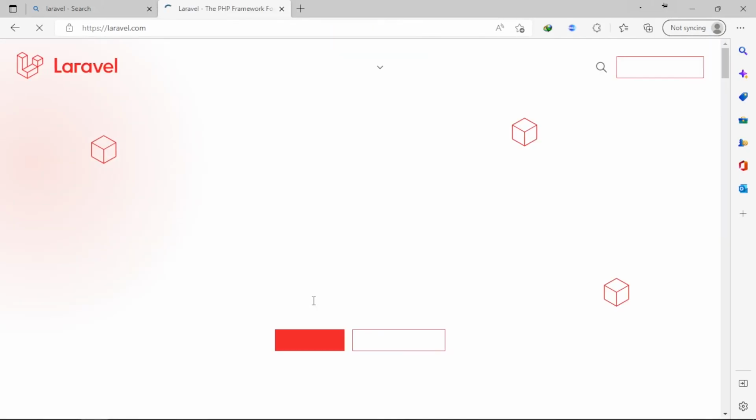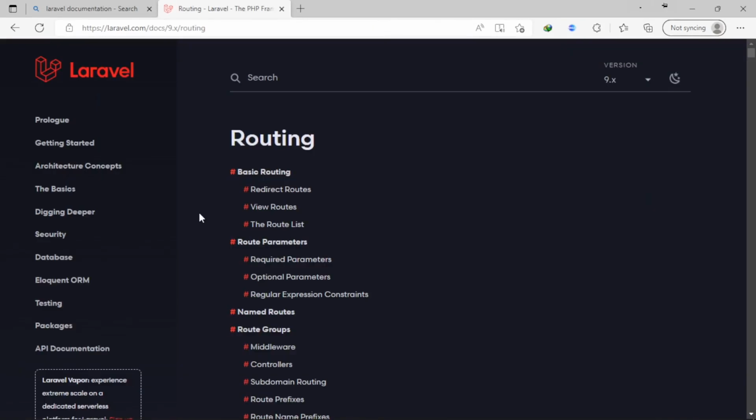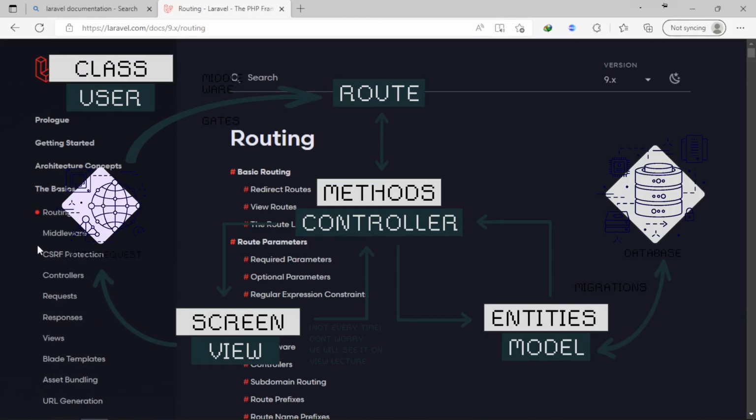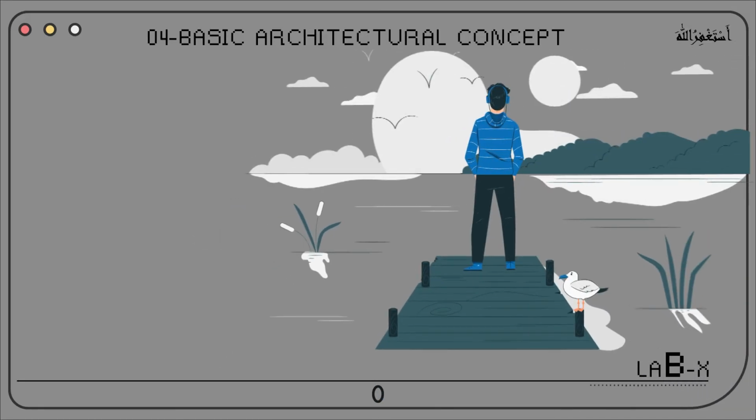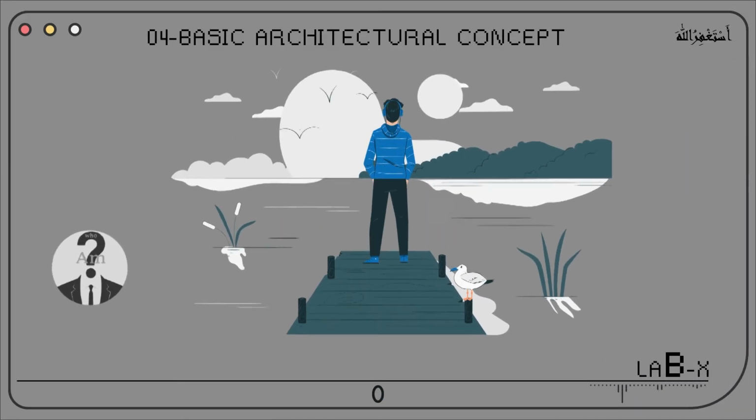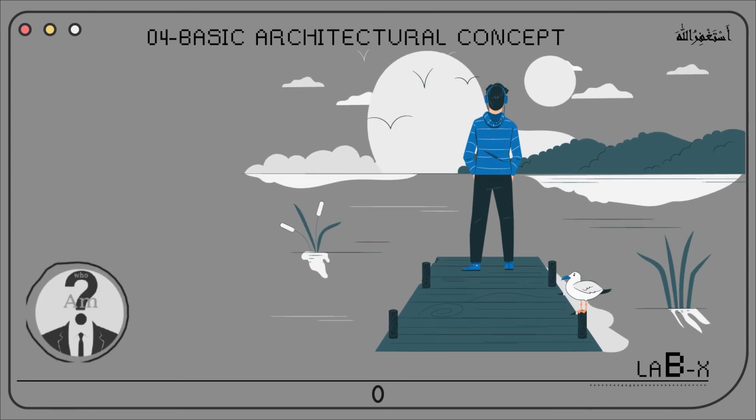Next, we will build our first real-time coding example based on routes, where we will see its basic working, its types, and again we will see its relation with other components of the logical diagram. But don't worry, we tried our best to make it as simple and interesting as possible for everyone.